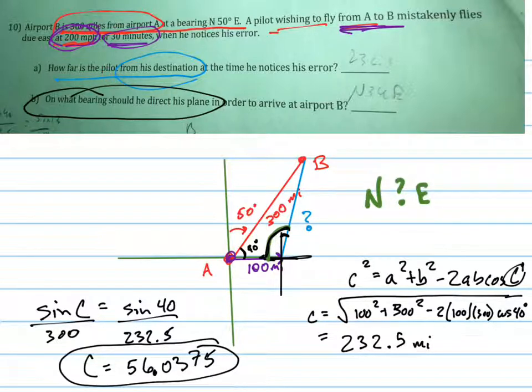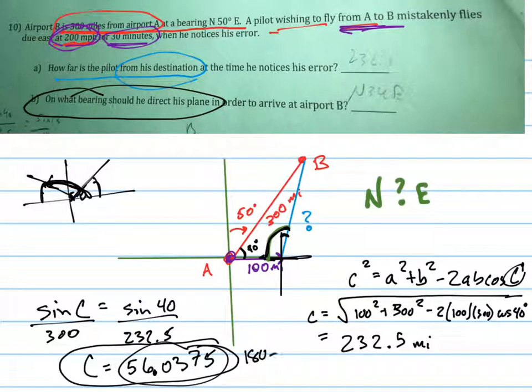You have to subtract that from 180, because the sine of that is the same as the sine of this over here, and that's the angle we want. 180 minus that answer gives you 124.